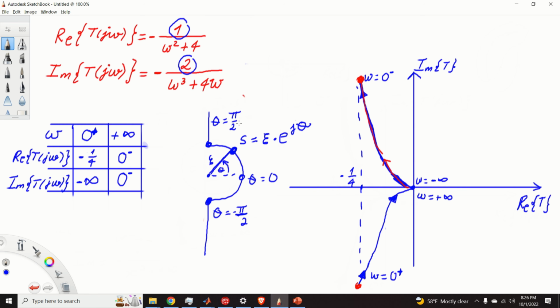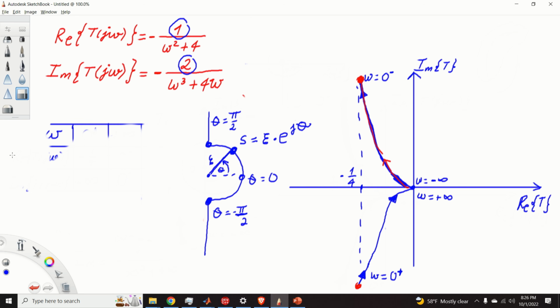Now, let us go back and substitute these values of s into our original transfer function. Here I will erase this table since I don't need it anymore. And let us recall our transfer function. So our transfer function has this form. T of s is equal to 1 over s multiplying s plus 2.